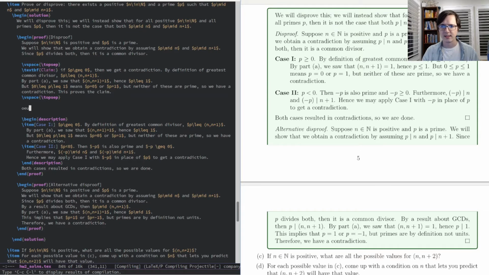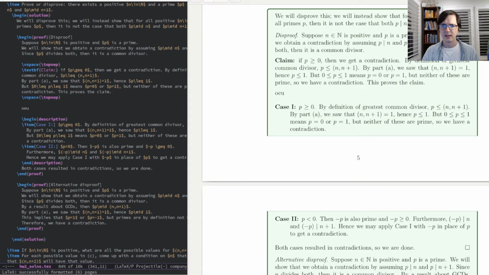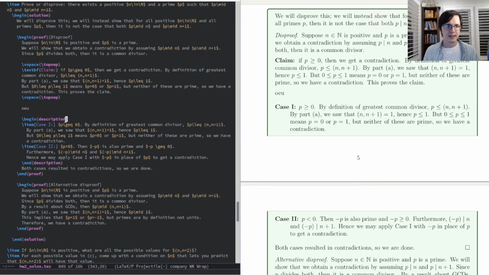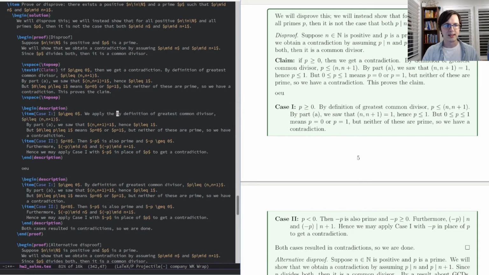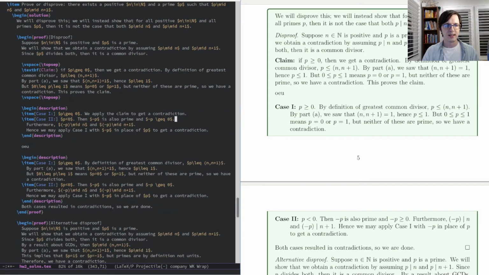Okay, so then the way that this looks, we apply the claim to get a contradiction, and then if p is less than 0, we transform the problem. We may apply the claim with minus p to get a contradiction.